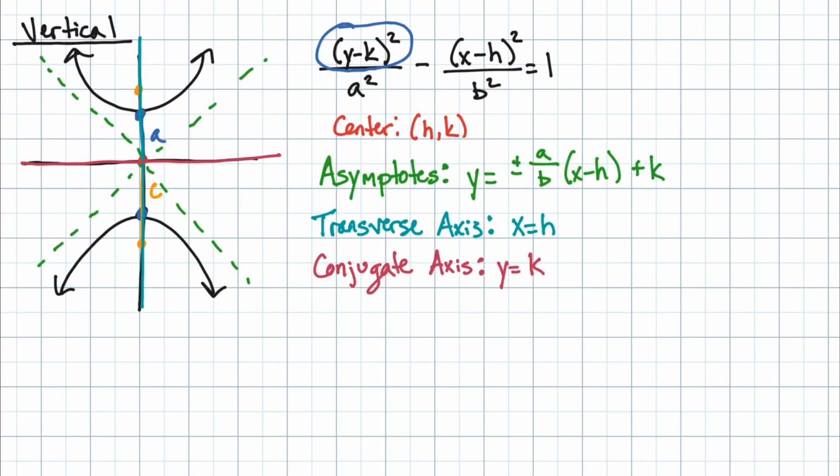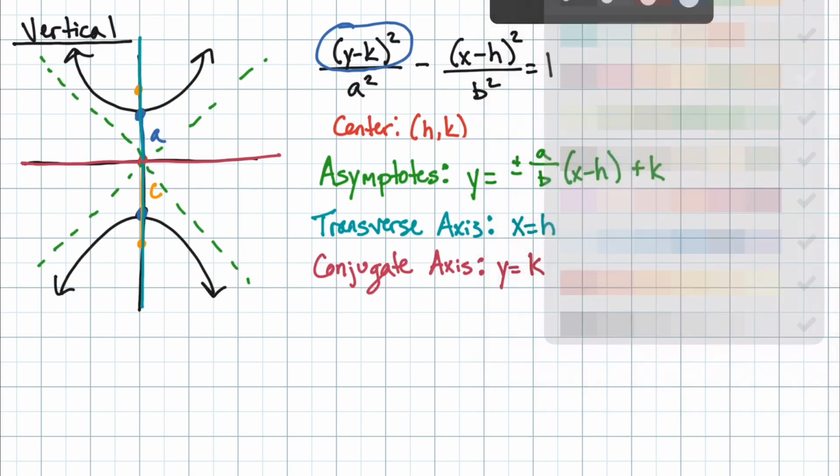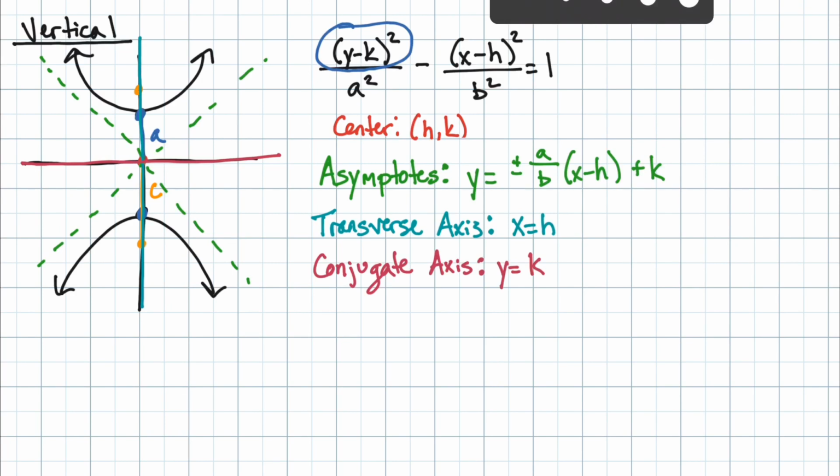All right, so there are just a few tips or important facts I want to point out, which is why I'm going to write them in red. So here's what you need to know.